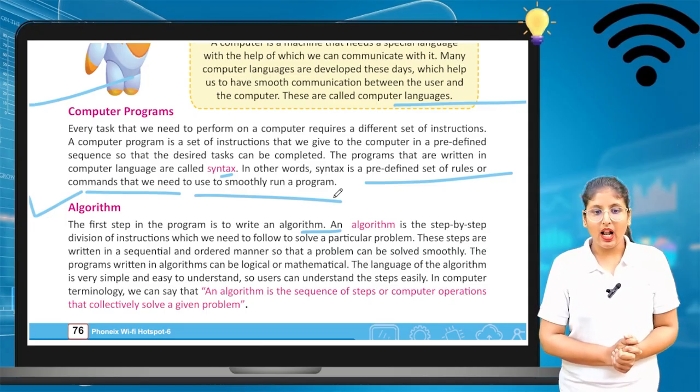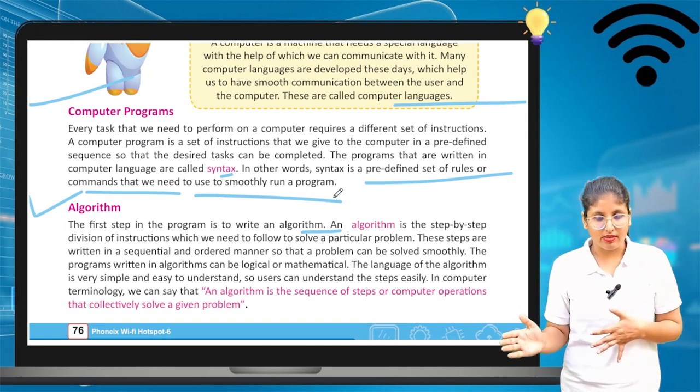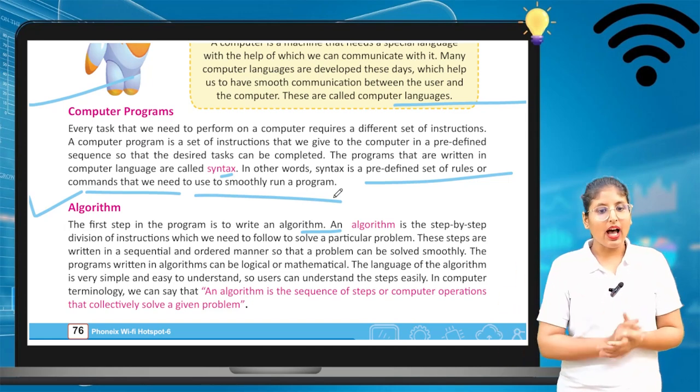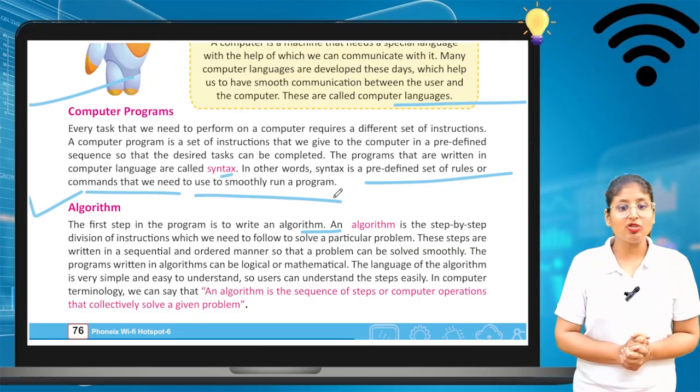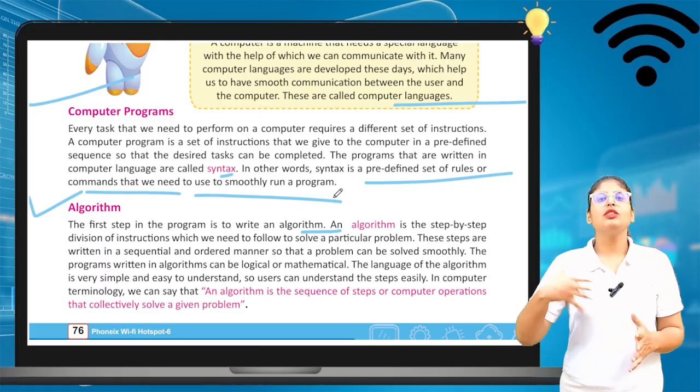These steps are written in a sequential and ordered manner so that a problem can be solved smoothly.